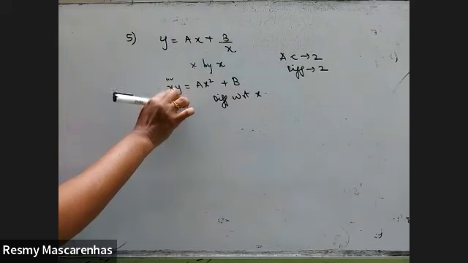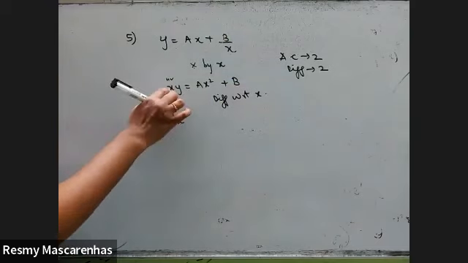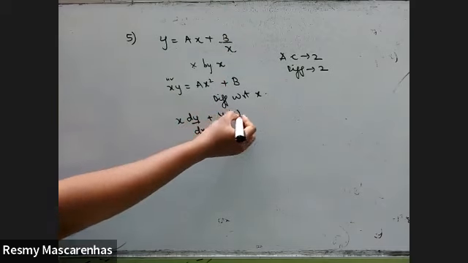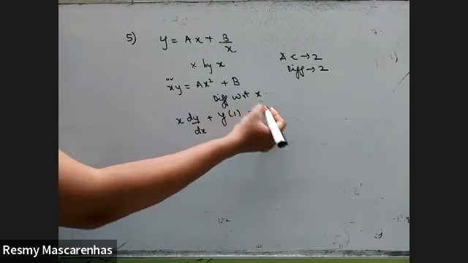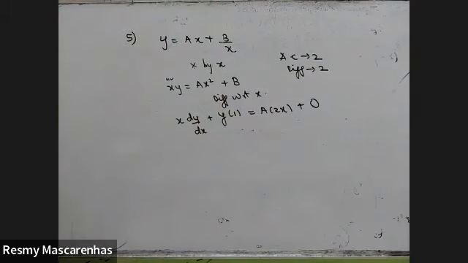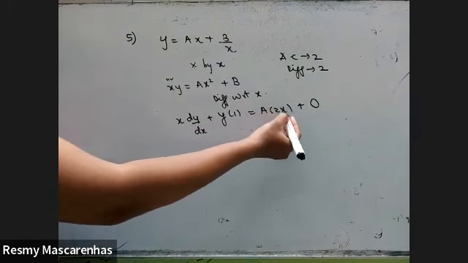Now this is again u into v rule. Apply u into v: u into derivative of v plus... derivative of x is 1. Derivative of x square is 2x and this will be 0. Now what I'll do is again try to get rid of this x.